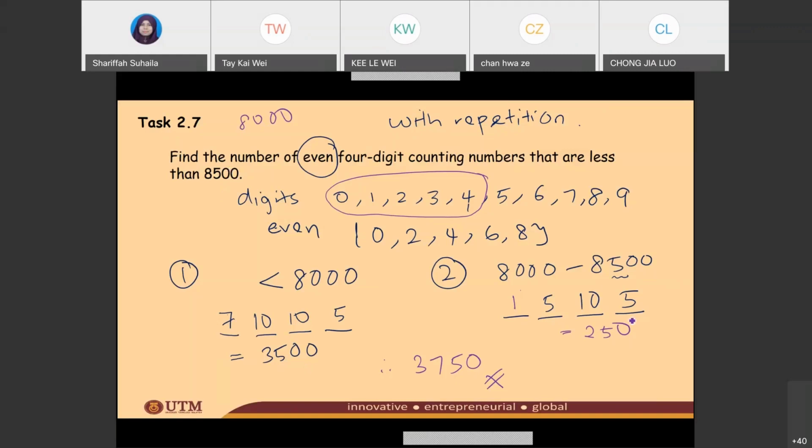Again, you have 5 possible ways to put your even numbers, and with repetition, 10 possibilities. Because the third value is 5, we only have less than 5, which is 4, 3, 2, 1, 0. And for the first digit, you put 8, so only one way. So 1 times 5 times 10 times 5, which is 250. So that's for task 2.7.